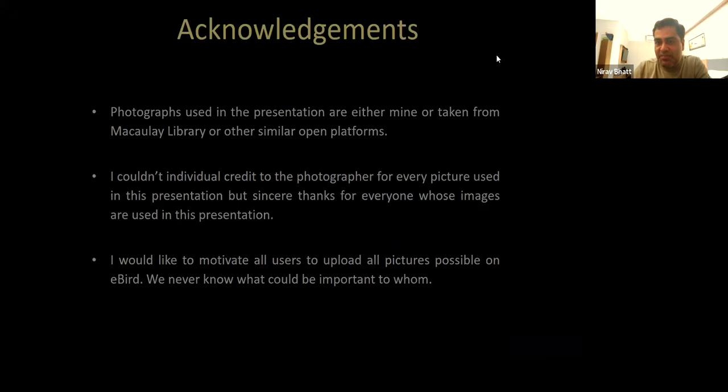A very first small acknowledgement to everyone. The photographs used in this presentation are either mine or taken from the Macaulay Library or similar other platforms. I couldn't individually credit the photographers for every picture used, but sincere thanks to everyone whose images are used.